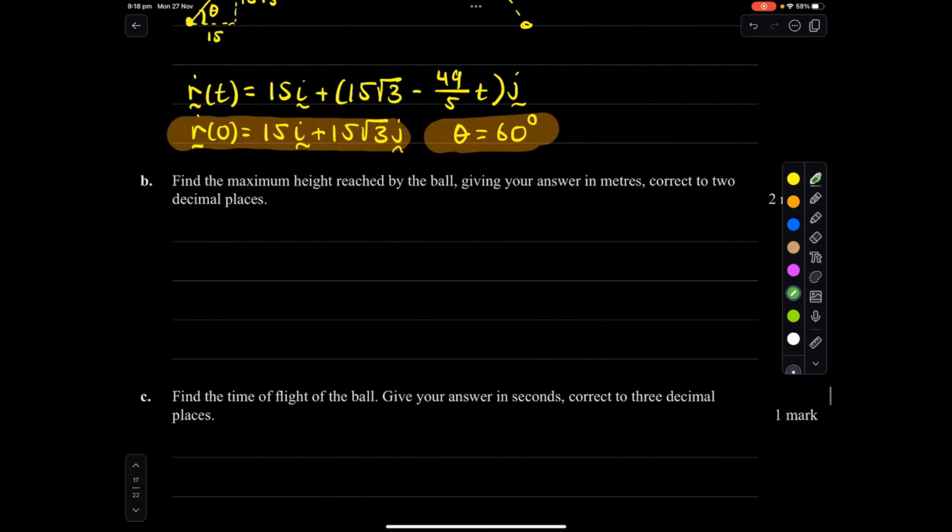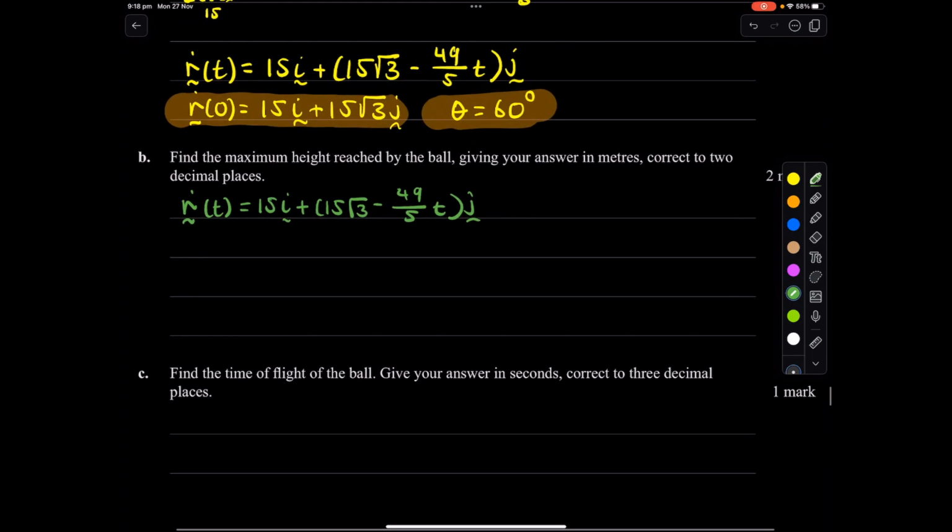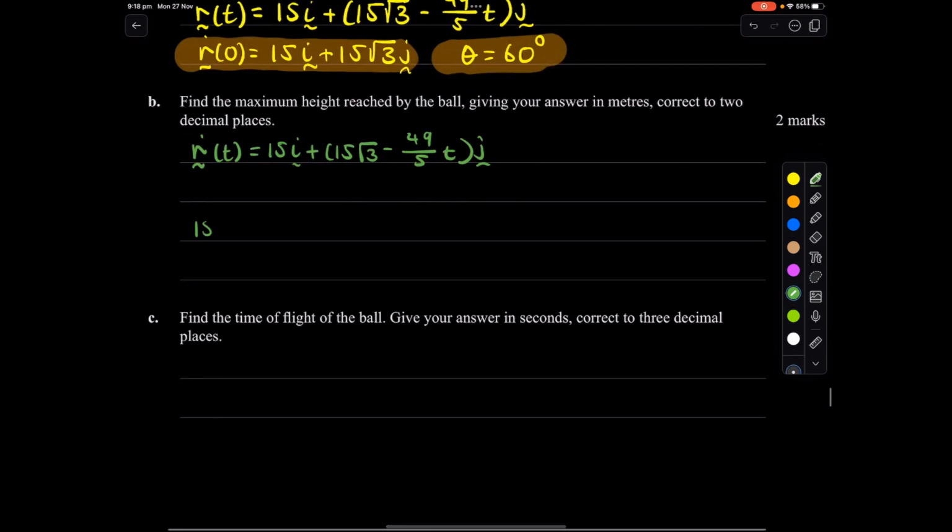So if I know r of t is 15i plus 15 root 3 minus 49 over 5 t j, we let the vertical velocity equal 0, and we solve for t.